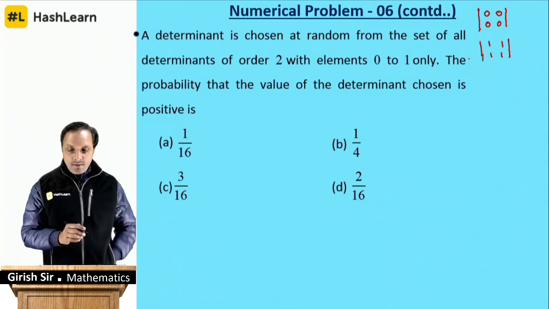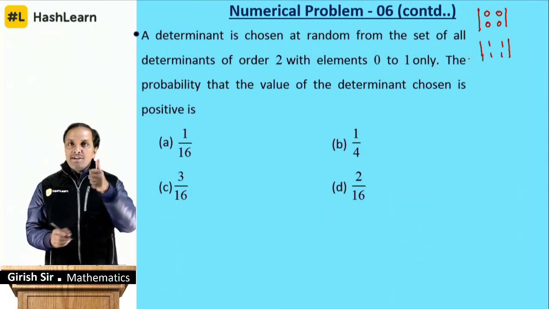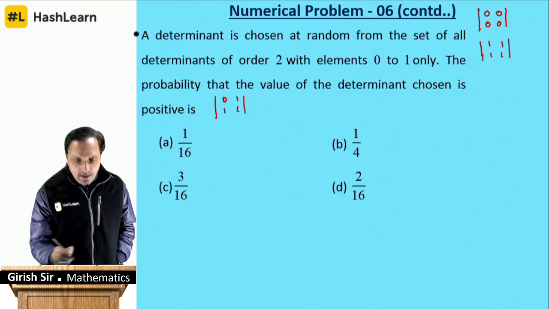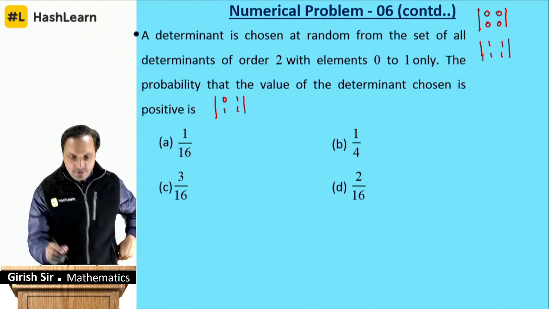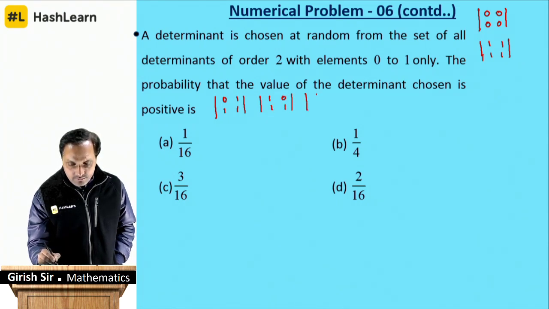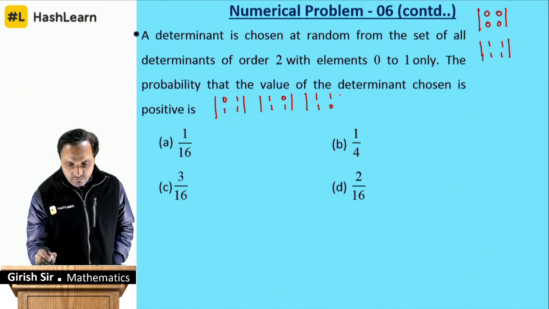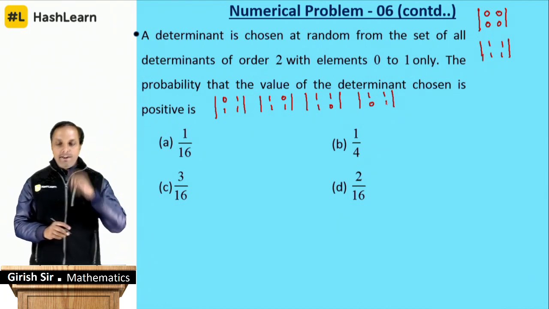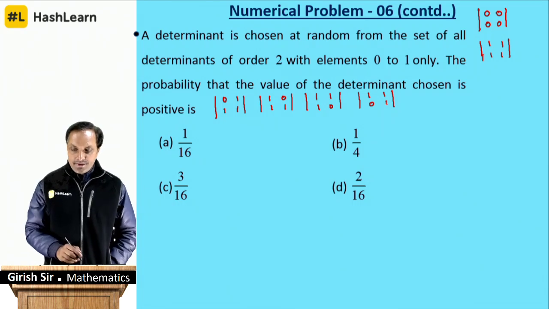Keep it aside. Then I will use 1 zero and 3 ones. So what are the ways I can write? Using 1 zero and 3 ones, I can write so many possibilities.